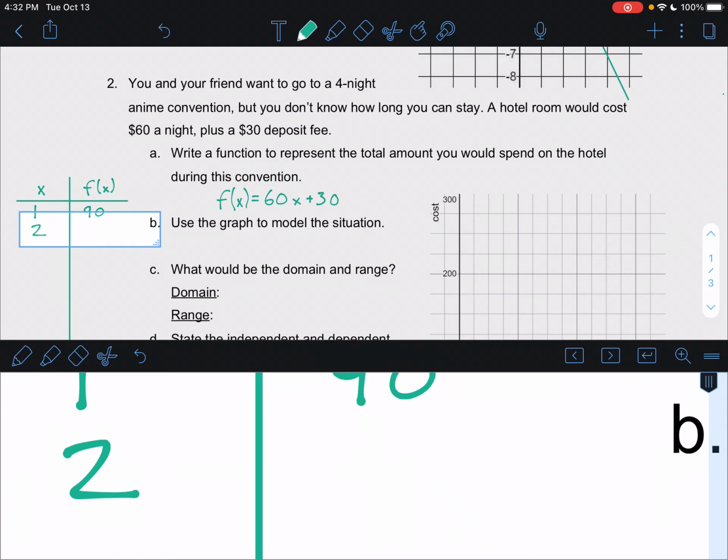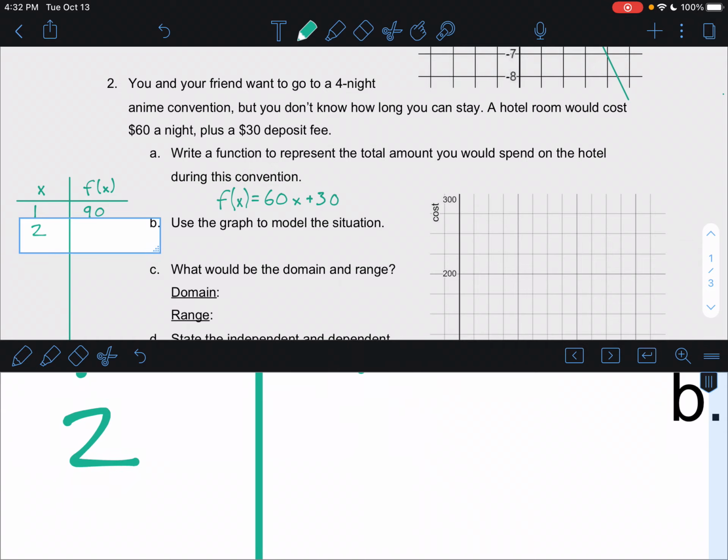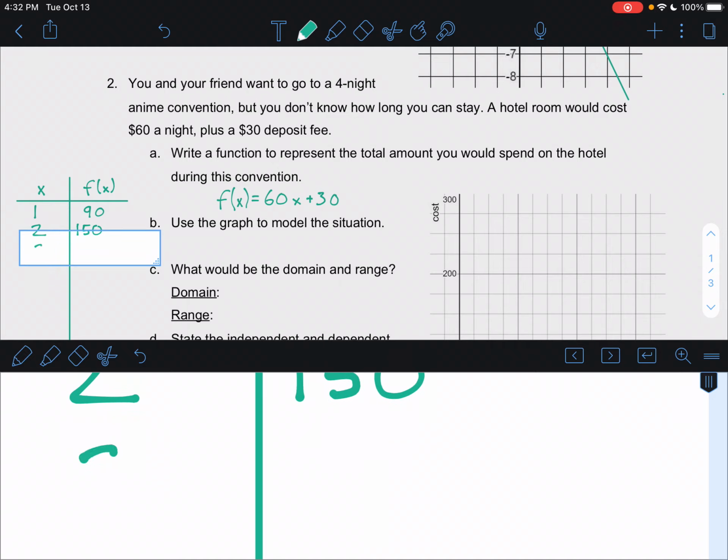If I spent 2 nights at the hotel, that'd be 60 times 2 plus 30. 60 times 2 is 120, plus 30 is 150. If I spent 3 nights, 60 times 3 is 180, plus 30 is 210.